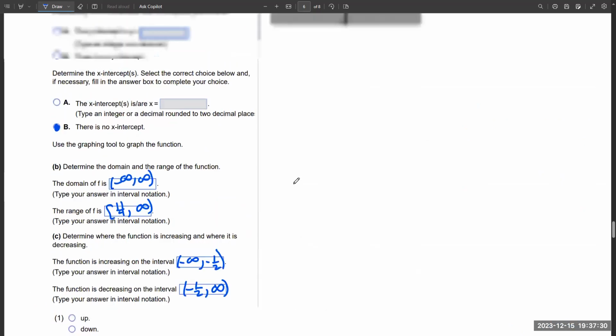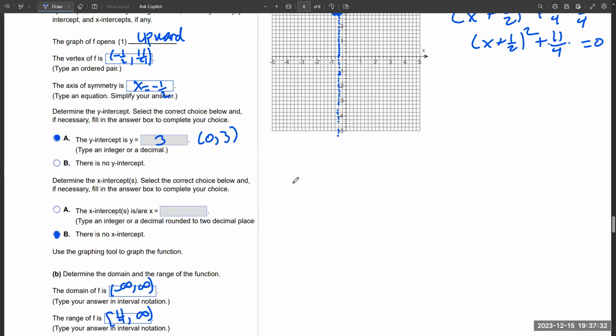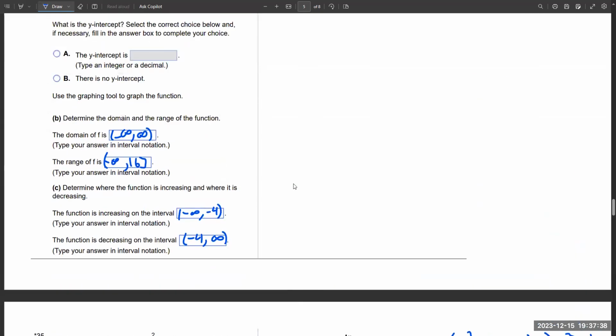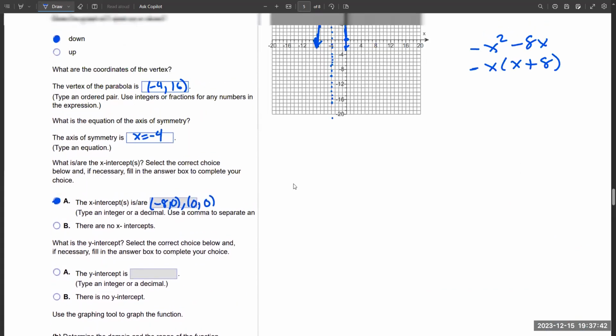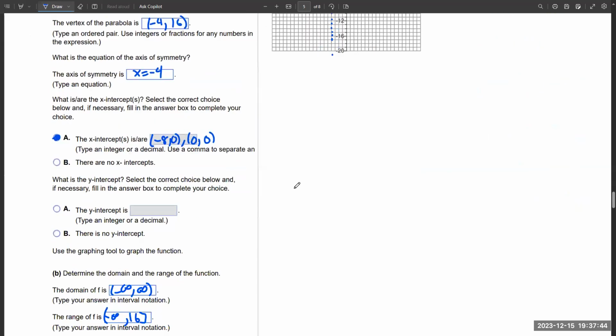So I need to go back up here and fix that for this problem. I forgot to give the y-intercept on that problem. The y-intercept is at 0. They just want -8 and 0.